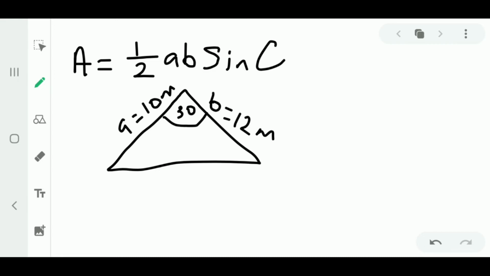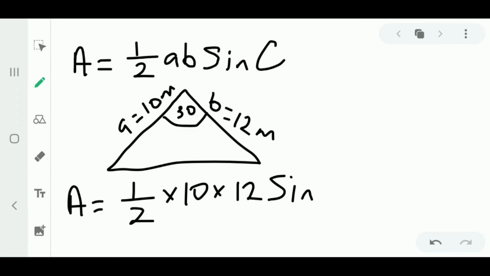All we do here is we say A is equal to half times 10 times 12 sine 30. And this is equal to 30 meters squared. So now we can go and find the area of a square.